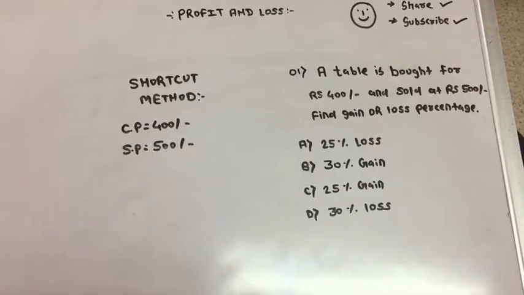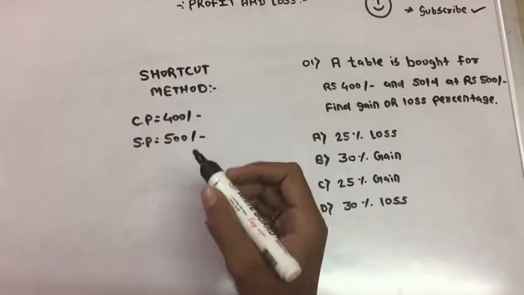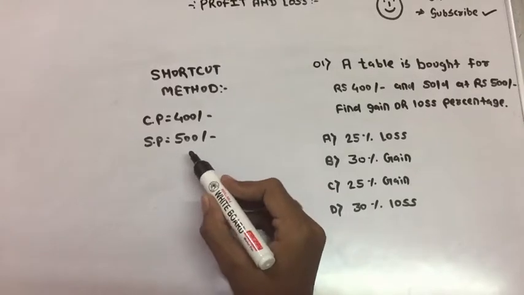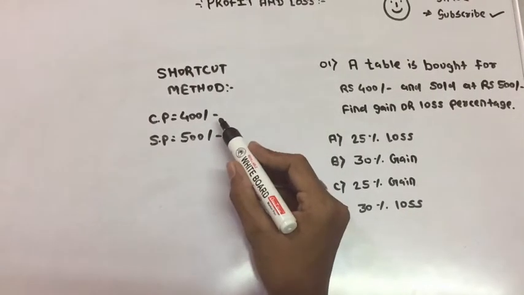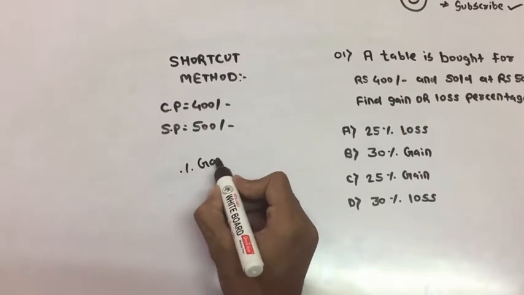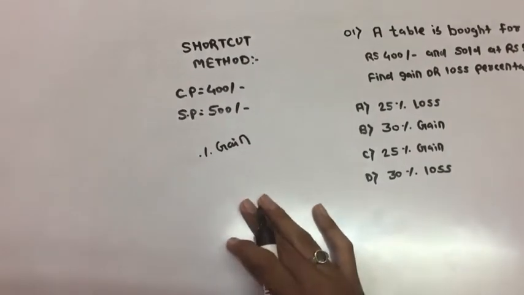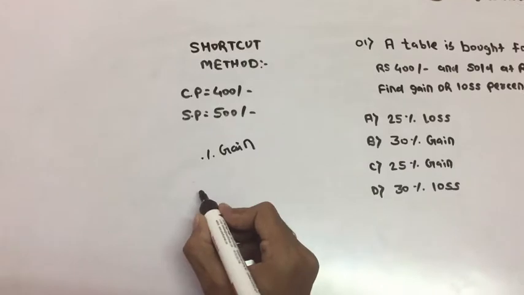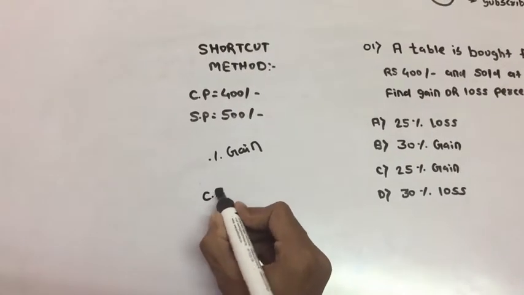If you want to solve the same problem by the shortcut method, since the selling price is 500 rupees and the cost price is 400 rupees, there will be a percentage gain. I told you to always take cost price equals to 100%.